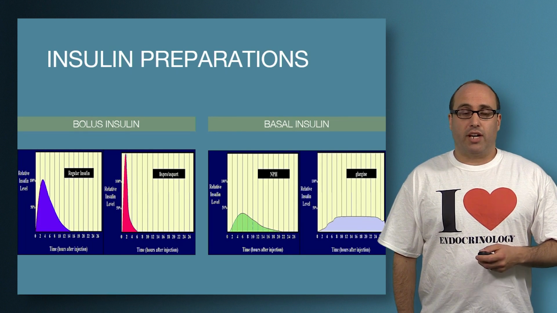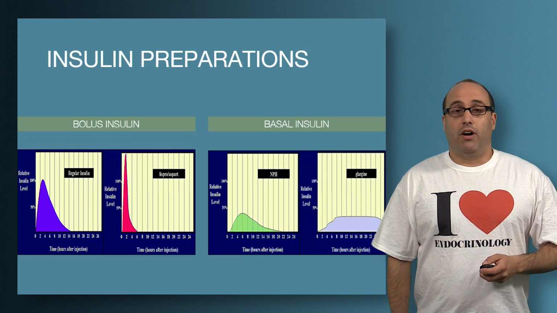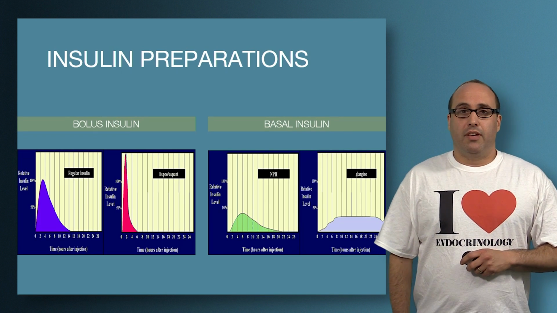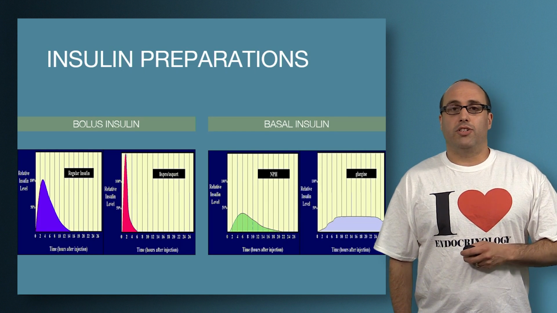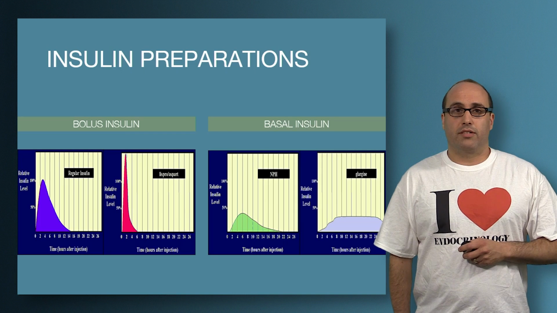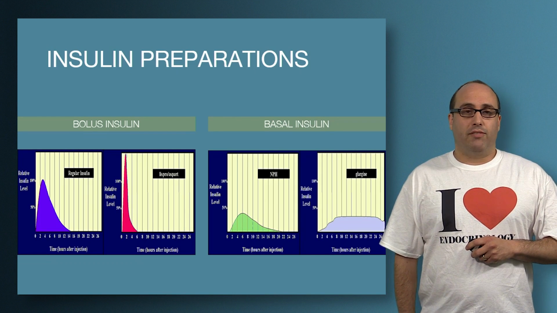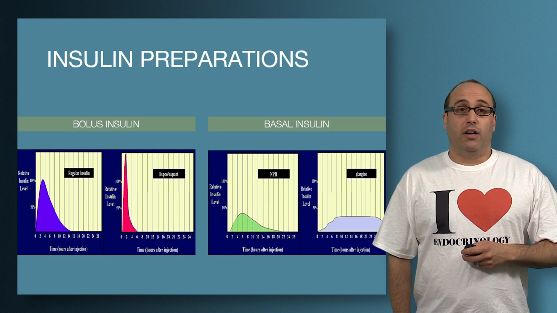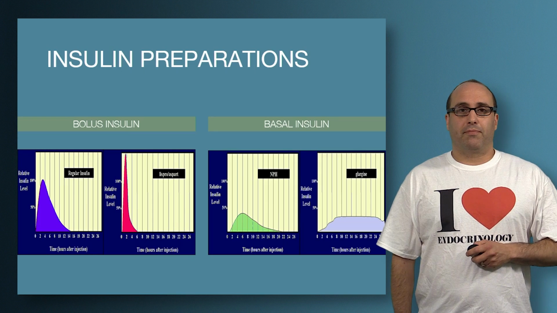Basal insulins are injected and have a very slow onset of action and last for quite a long time. On the right, you'll see one of the long-acting insulin brands called Glargine, which lasts for 24 hours. Bolus insulins are quite short-acting and have a very rapid peak and are best used shortly before each meal.